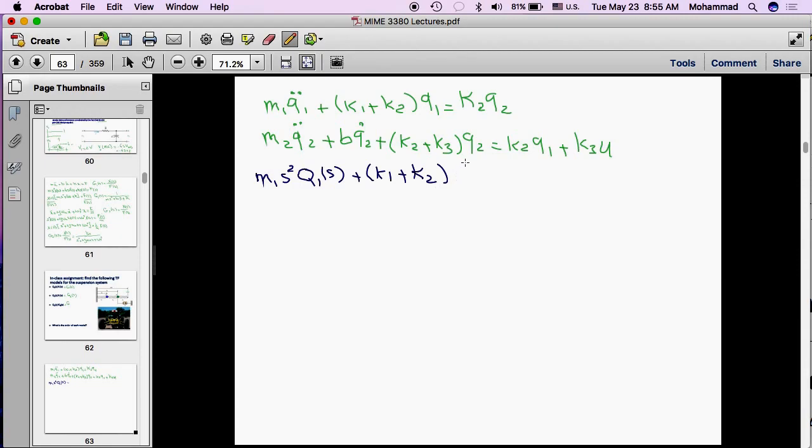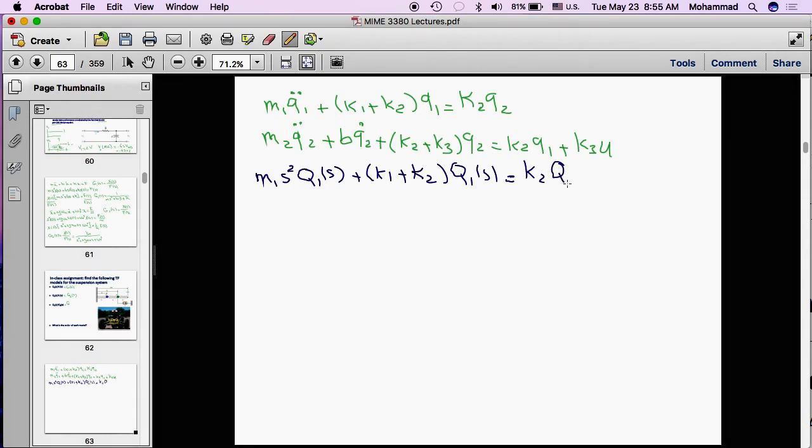Capital Q1 of S equals K2 multiplied by Q2 of S. So that's one equation we can get.